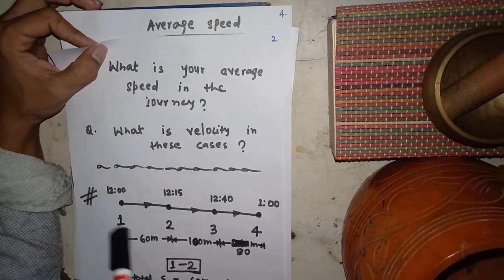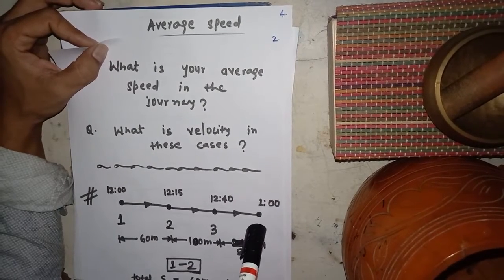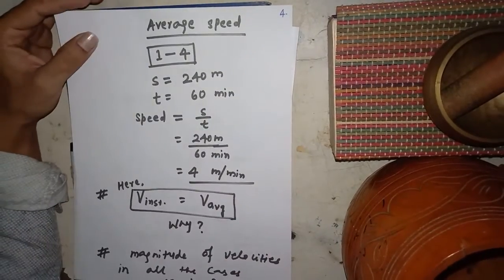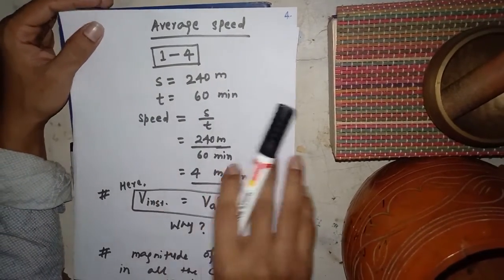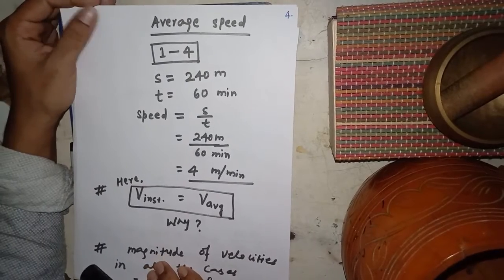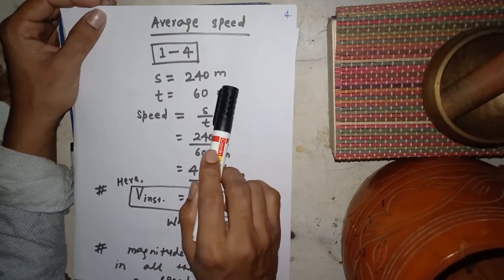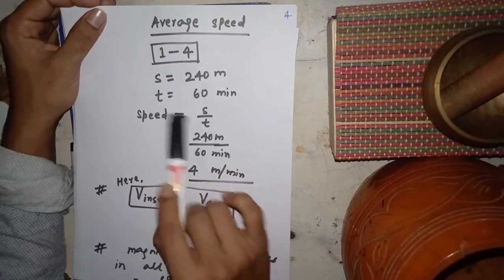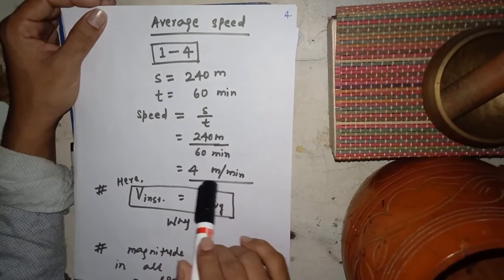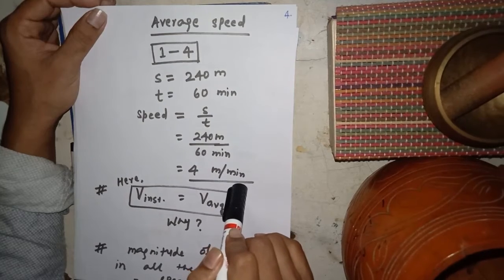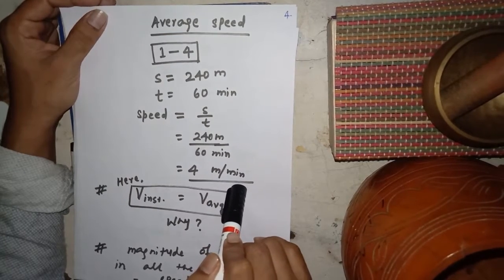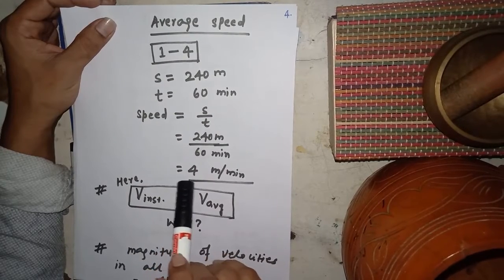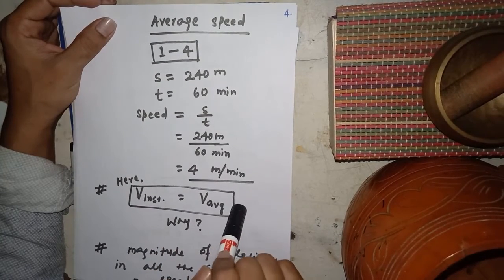Have you got my point? So from 1 to 4, the total displacement is 240 meters and time is 60 minutes. So you can find this also must be 4 meters per minute. This is also so strange. Why does average speed also come out with the same result?